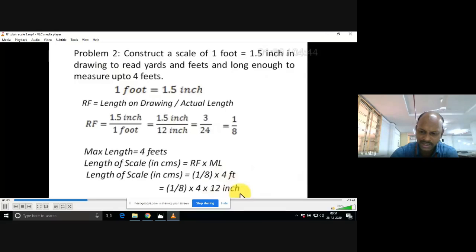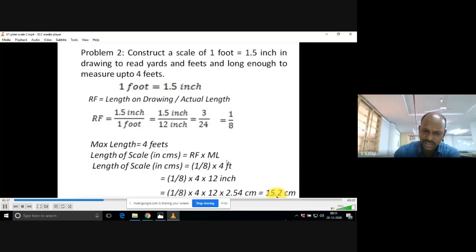You are not understanding the basic concept here. What I am asking is, you calculated 15.2 centimeters, right? This 15.2 centimeters represents 4 feet in real time. I am unable to accommodate 4 feet on the drawing sheet.